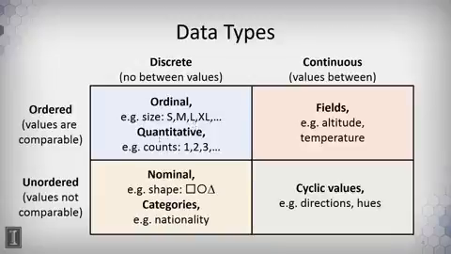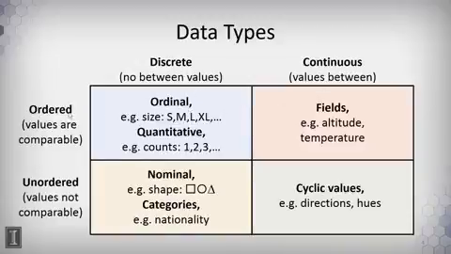And these can be quantitative, which are discrete and ordered. For example, the counting numbers. 1, 2, 3. There's not 1.5, so there's no value between 1 and 2 in our counting numbers, so they're discrete, but yet 2 is greater than 1, so they're ordered. And so those are examples of discrete ordered values.